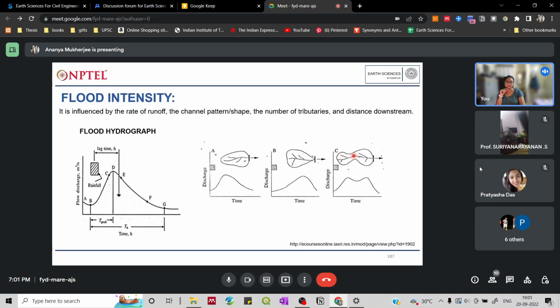Now over here, since it has broader drainage areas along the two end points, both this area and this area will show a double peak.